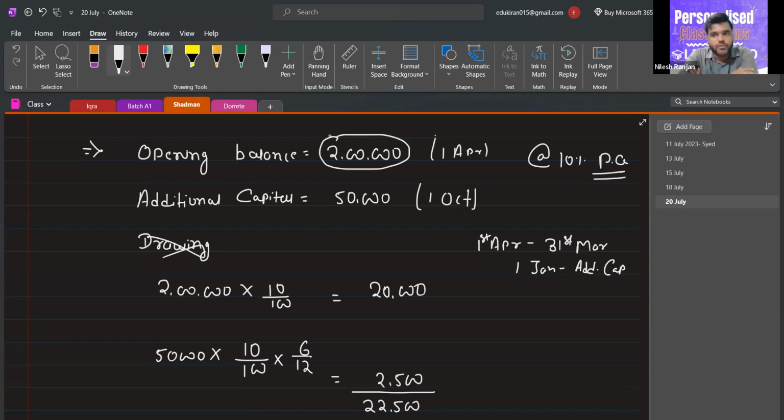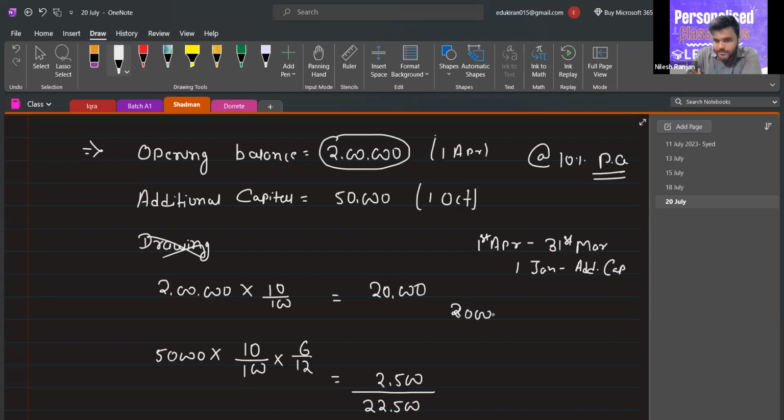So from 1st April to 1st October, can you tell me the time period? 6 months. Yes, 6 months. So we have kept this 2 lakh for 6 months in business.